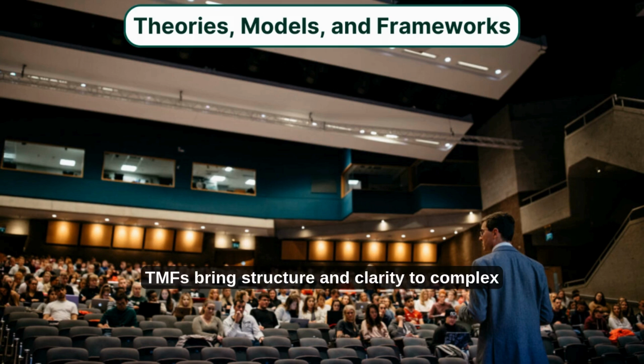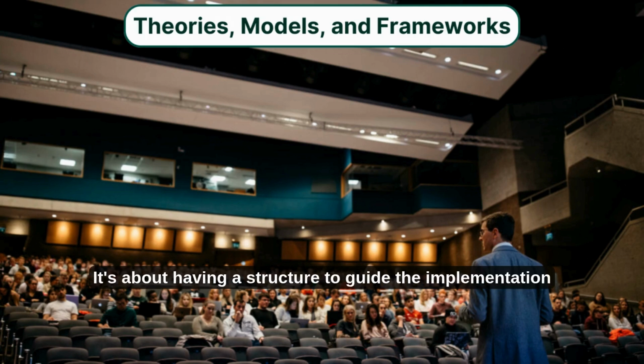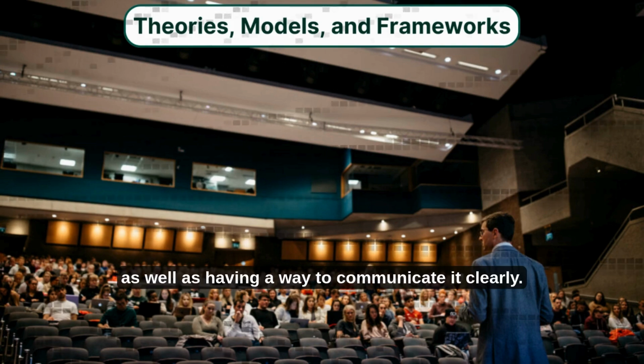Additionally, TMFs bring structure and clarity to complex processes. They help us ask the right questions, design better interventions, and learn from what works and what doesn't work. Using a TMF doesn't mean being rigid. It's about having a structure to guide the implementation journey, as well as having a way to communicate it clearly.